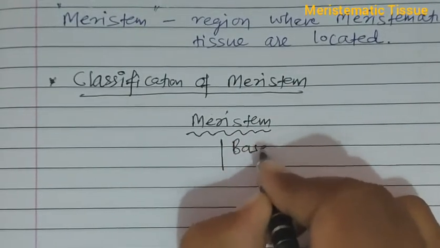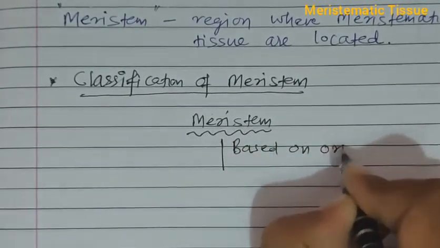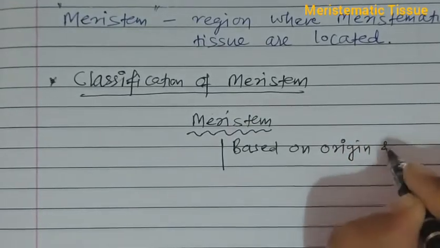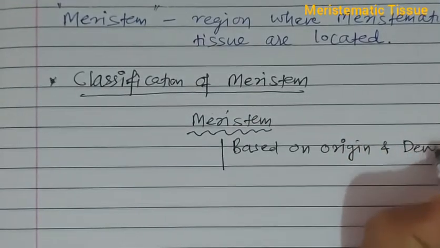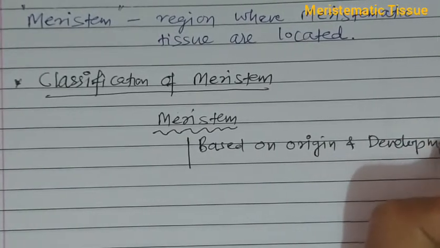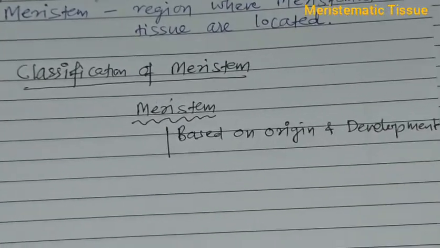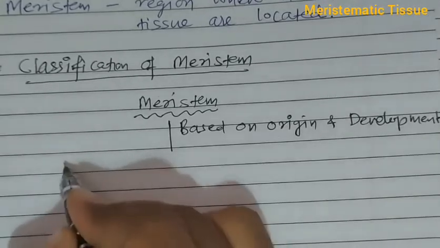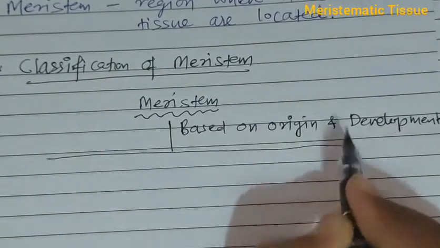Based on origin and development, they are classified. Now they are classified into three types.